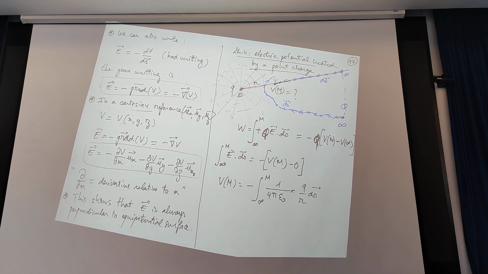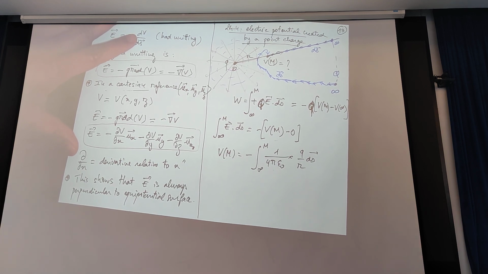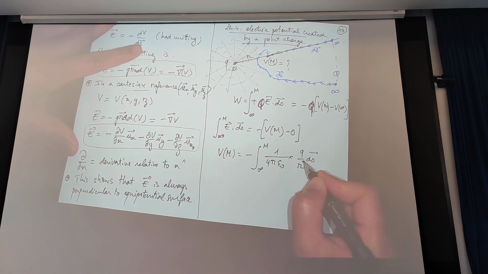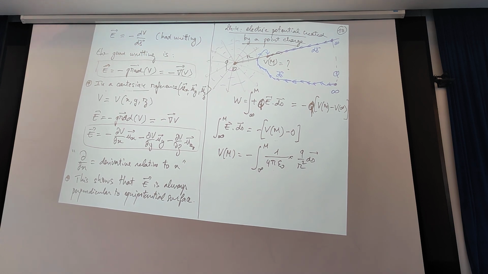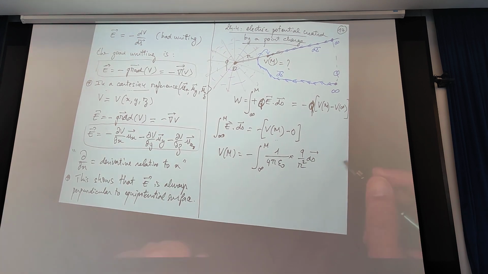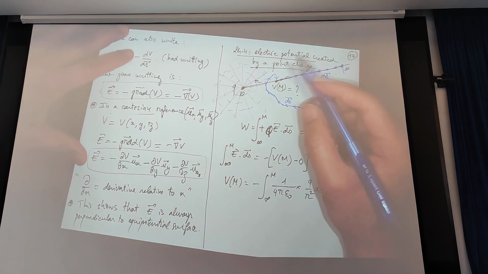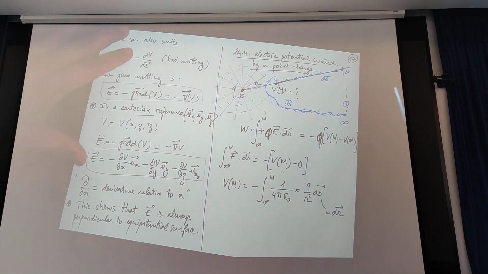Because the infinity is not a point, in fact. So ds is equal to, oh, sorry, there is a 2 here, there is r squared here. So ds here is equal to minus dr, dr being here.